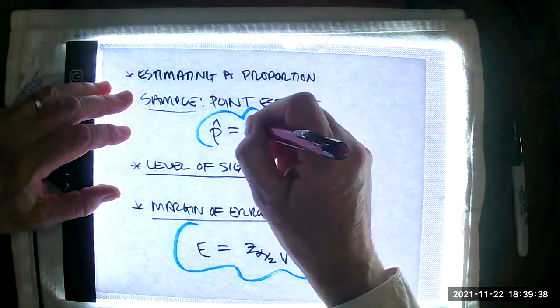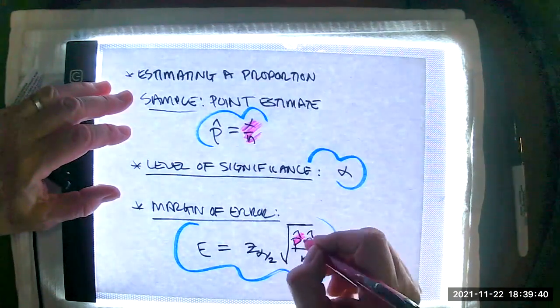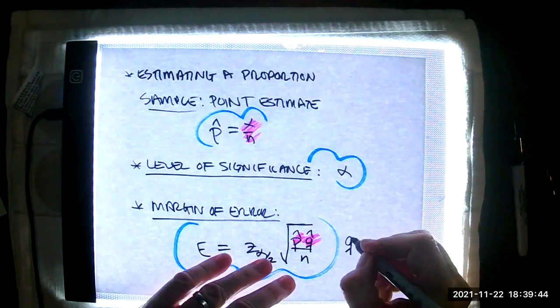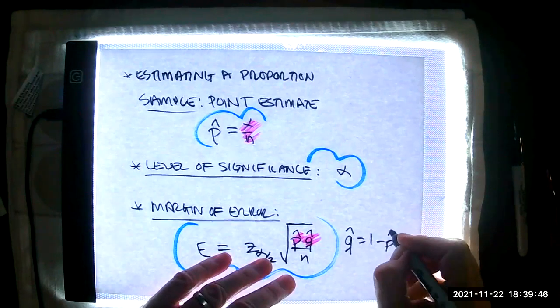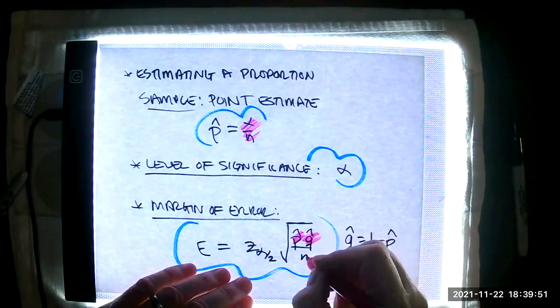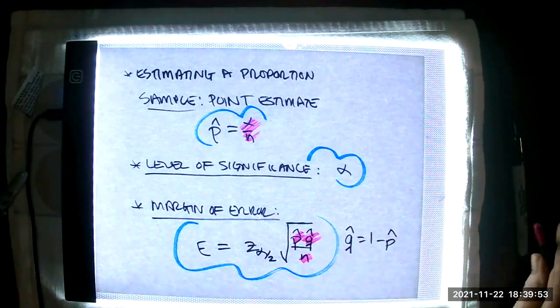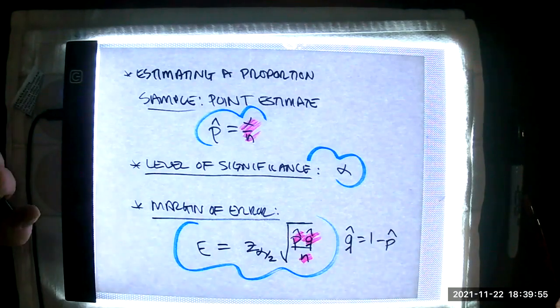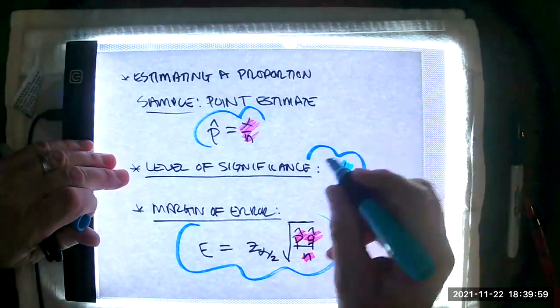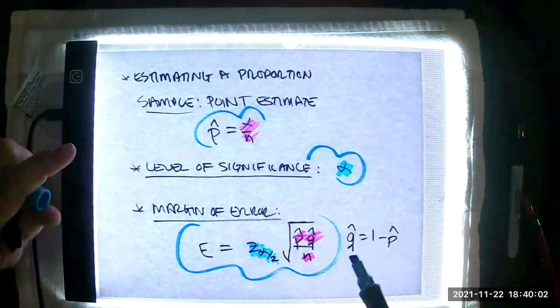I will note that the point estimate gives us p hat and q hat. I should note that q hat is 1 minus p hat, as well as n. And then the alpha is what gives us the critical value, plus or minus.